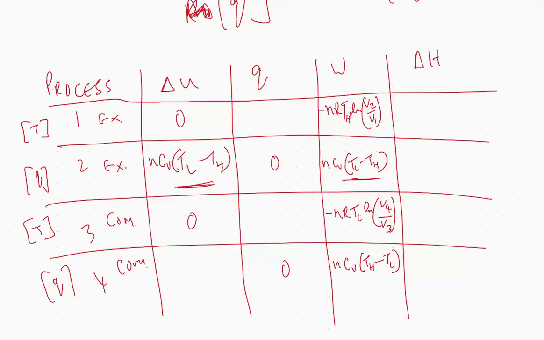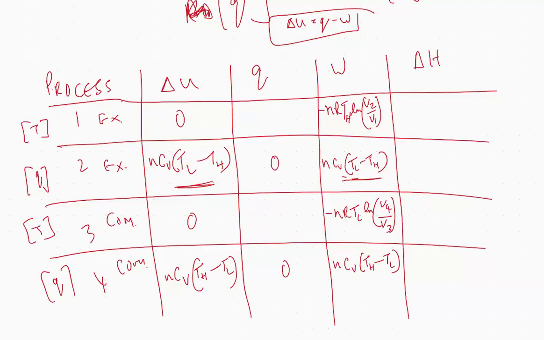So in this situation also it should be n Cv, but the difference is temperature. It's going to be high because that's the last one, minus low.